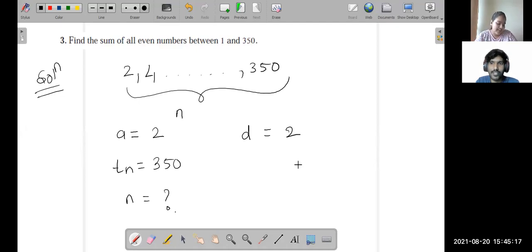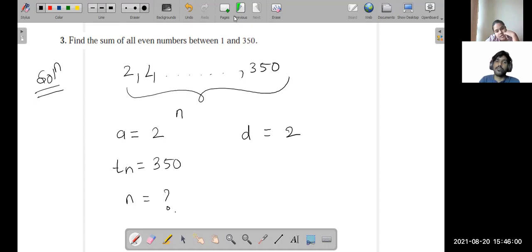Where I have written Sn, over there I should be writing what I just got, right? 175. S175. So I'm coming to S175 equals 175 into 352.